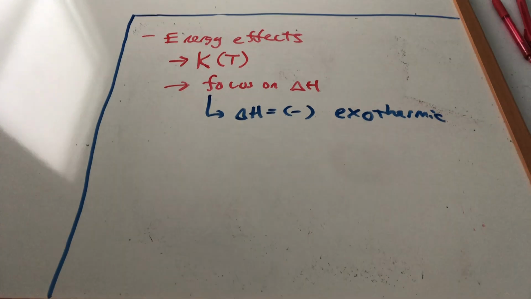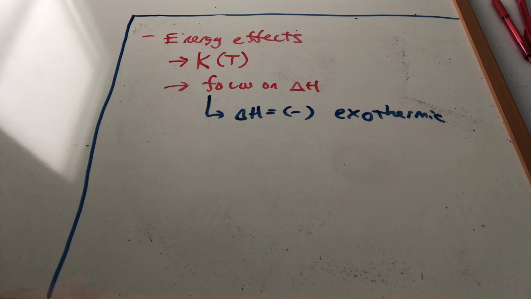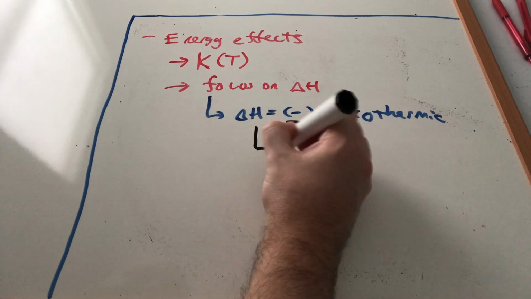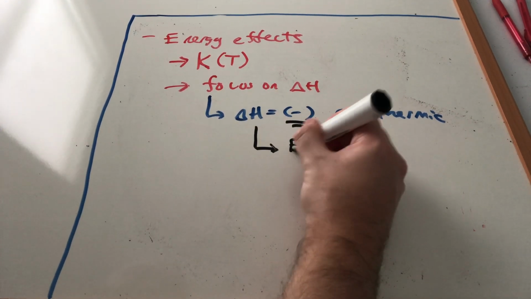Now, from the standpoint of thermodynamics and what we learned last semester, when delta H is negative, right, that means that energy is produced.